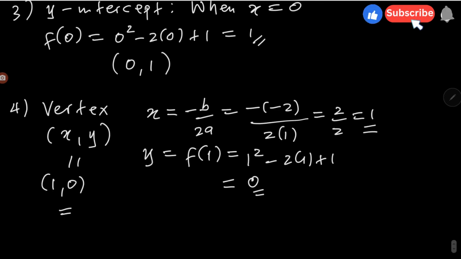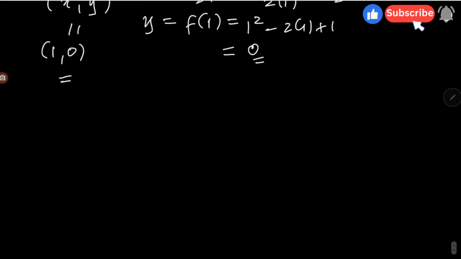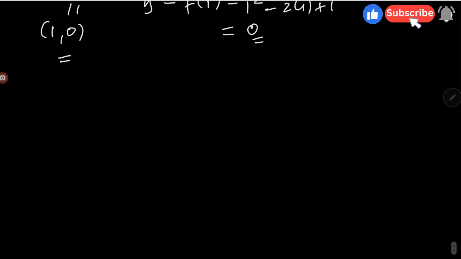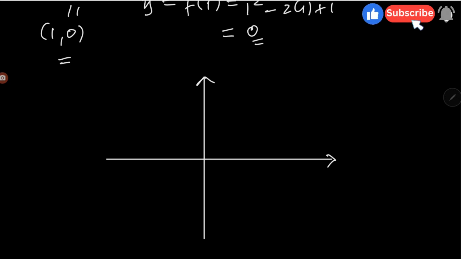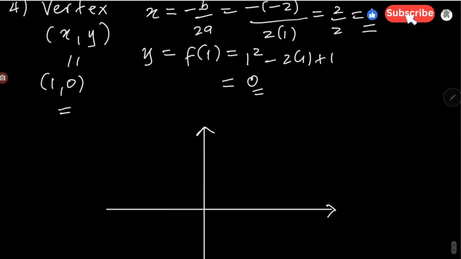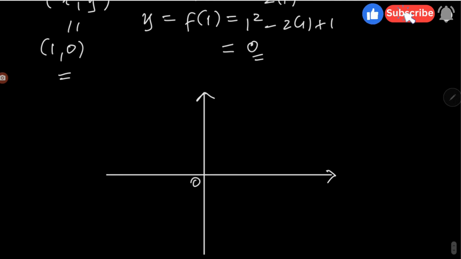Okay, so if we were to draw this, we have the vertex as 1, 0.